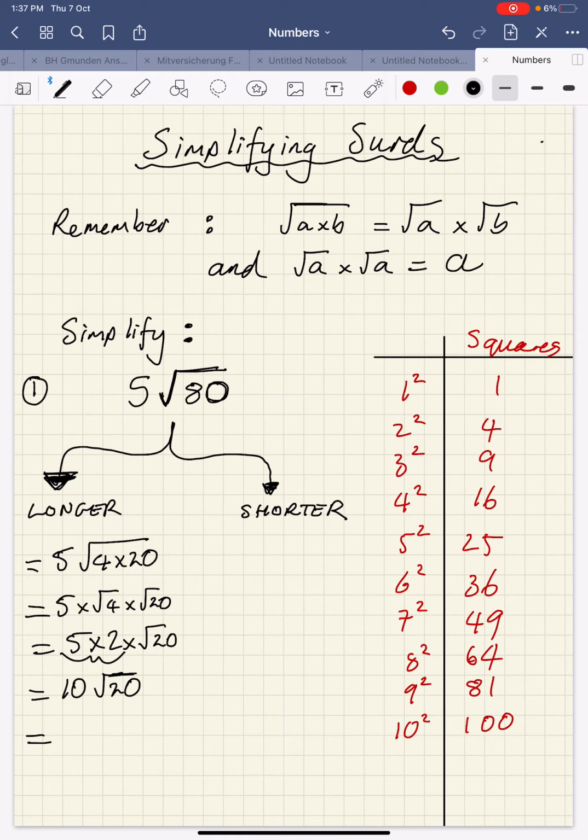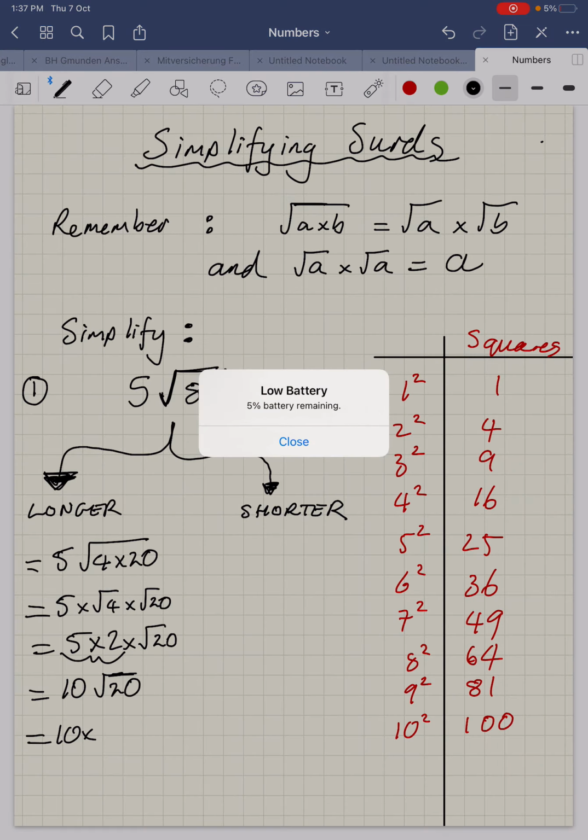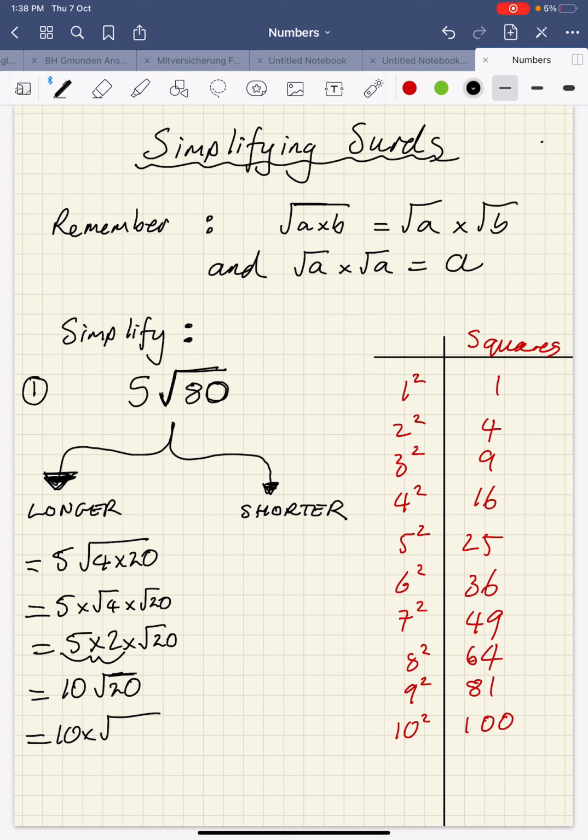So we're going to go again, 10 times, and this time we're going to root 4 times 5. So it's 10 times root 4 times root 5. So it's 10, running out of space, times 2 times root 5. Finally, it's 20 root 5. Now I know that's the final answer really because I can't break down 5 any more than that, right?